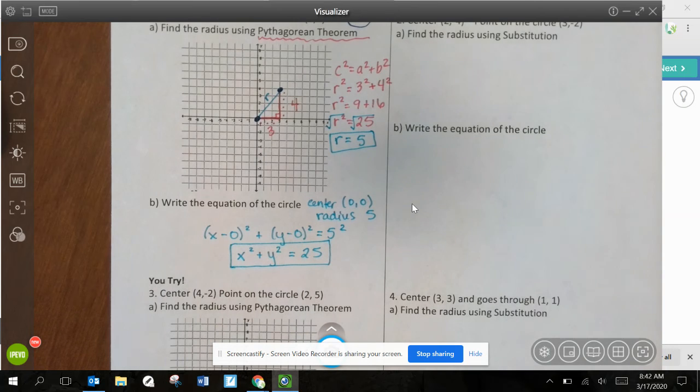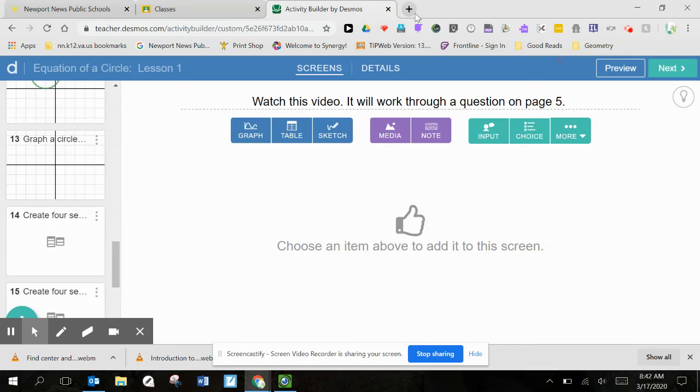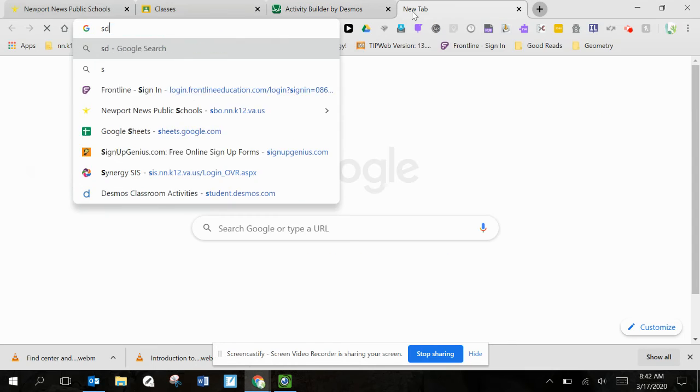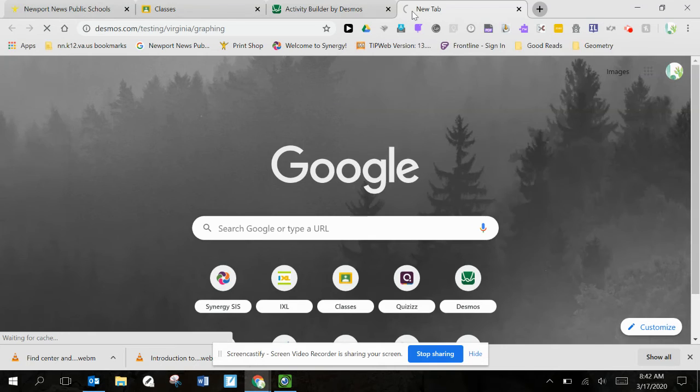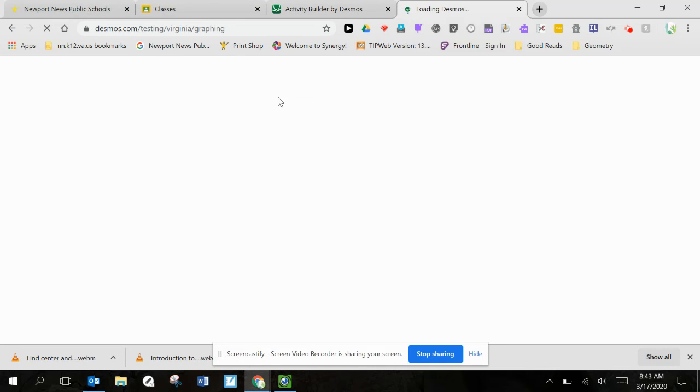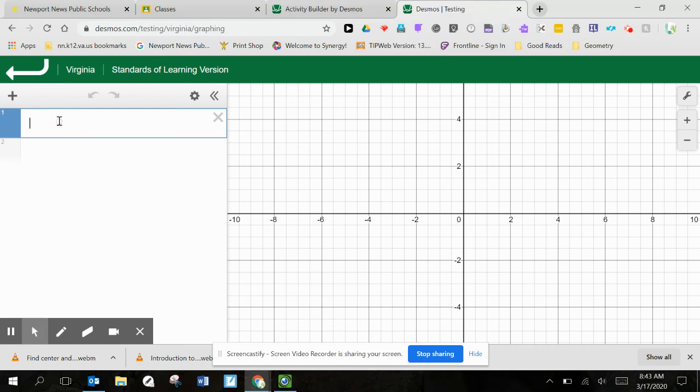Let's check our answer real quick, okay? So when I come here to the internet and I type in Desmos, I can check it because I can type into Desmos this equation, if it will load ever. There it is. Okay, so I can type it in.